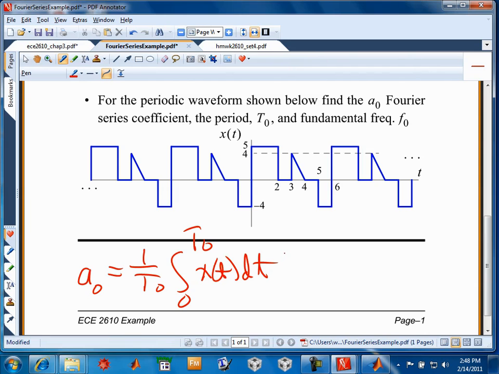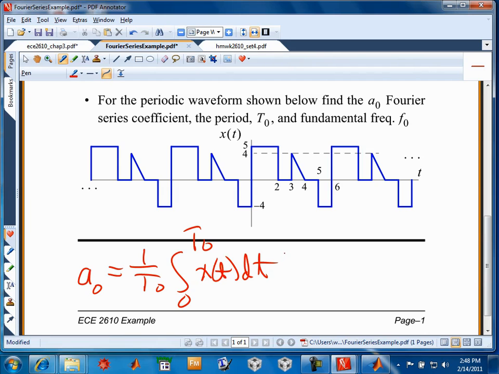Find the areas of every piece of one period, and then add. Does that sound reasonable? I mean, integration is finding the area under a curve, right? So if you can find the area under the curve by direct inspection, then you can circumvent having to do the actual integral. So what's the period of this?